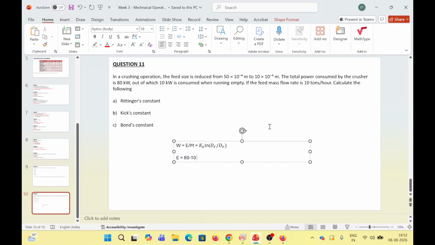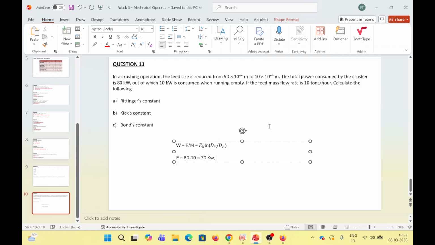So you are not counting for that. That particular amount of energy is going to be lost in the form of heat or sound. So that is the reason I'm going to subtract, because in Kick's law we do not take this energy into consideration. So 80 minus 10, that is 70 kilowatts.